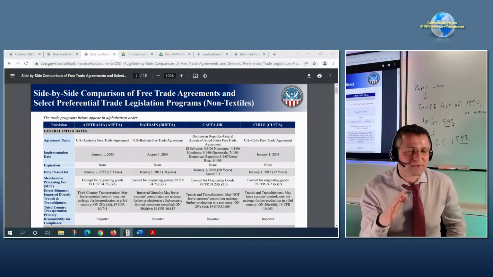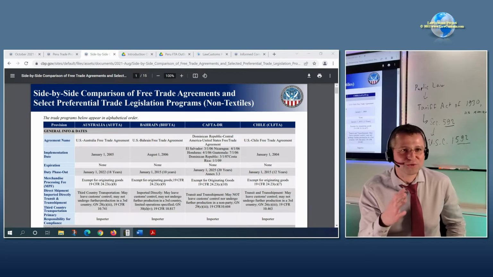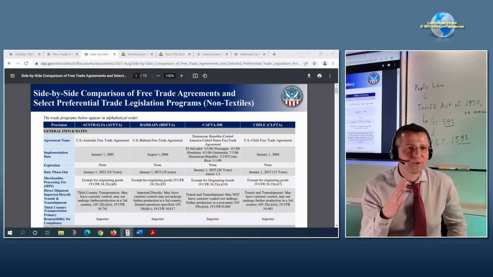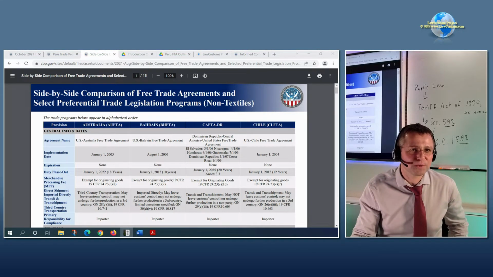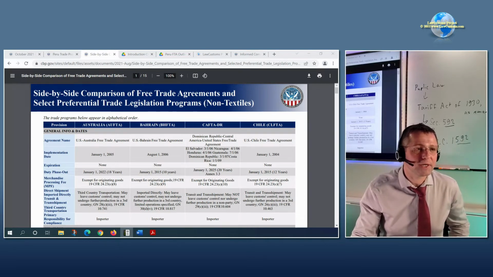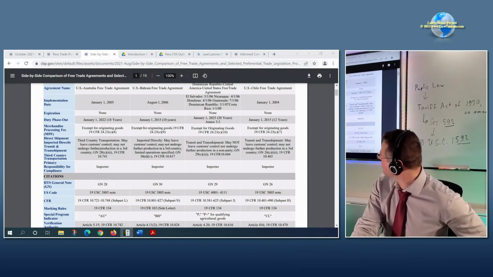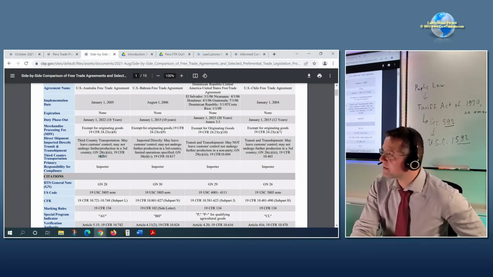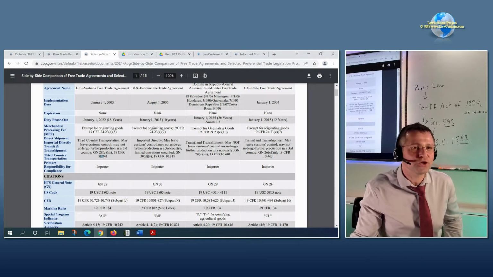So this is also a very good resource for you to use in case you do not know which page to open within HTS-US or which page to go to within the CFR. Because free trade agreements, generally speaking, and again, this is very general, are discussed either in Part 10 of the Code of Federal Regulations, and they are also discussed in general notes of the HTS-US.